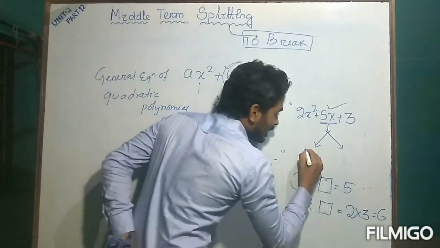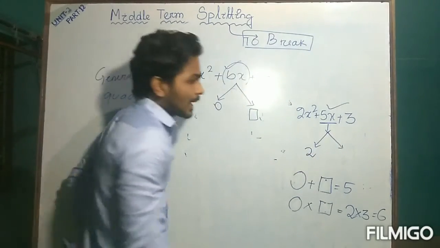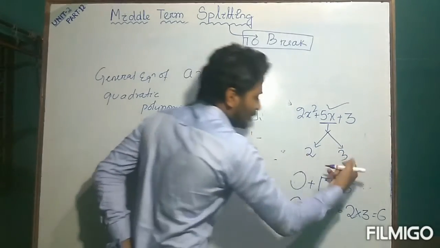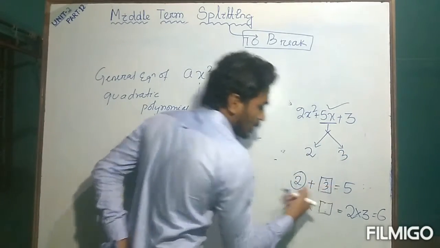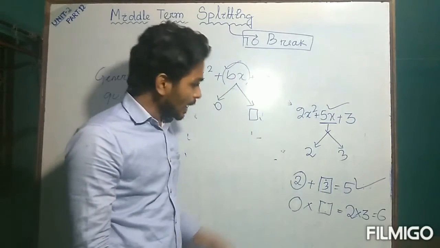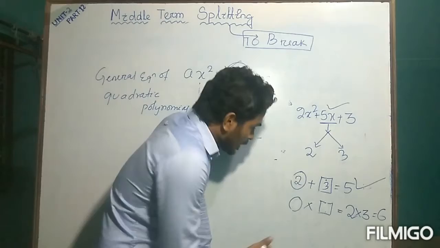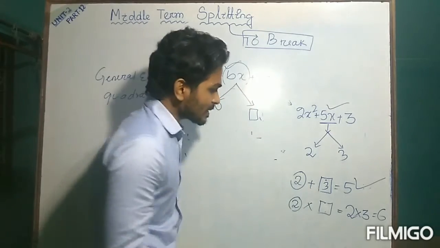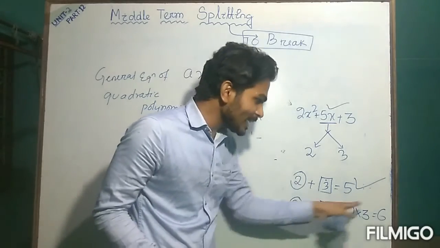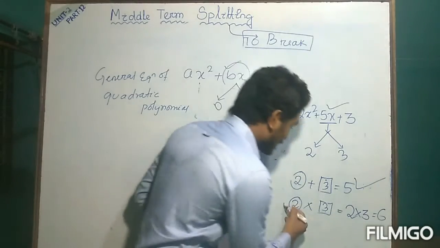Suppose I am writing here 2, and 5 is divided into 2 and 3. Now if we add them, what do they give? 2 plus 3 is 5. Yes, it is satisfied. Now coming to the second condition, here 2 is placed, here 3 is placed. Now you see 2 into 3 is 6, hence it is right.